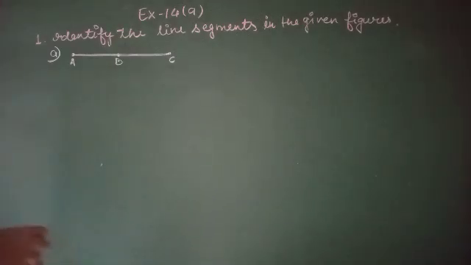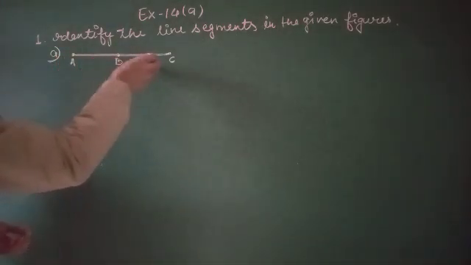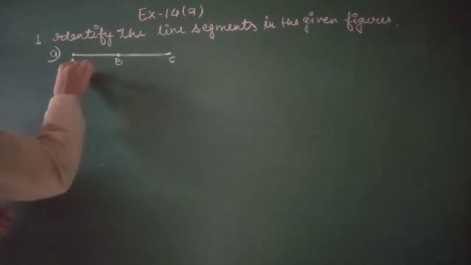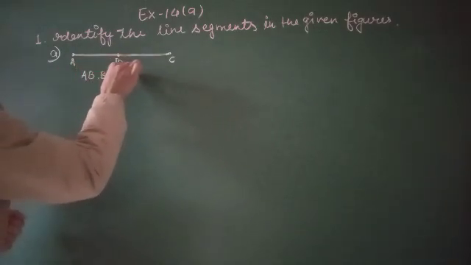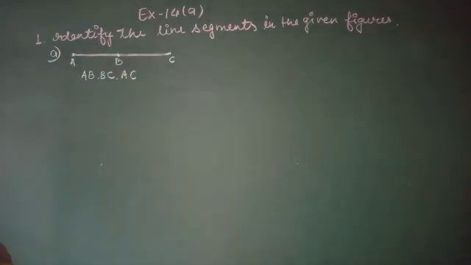So the line segments are AB, BC and AC. These are the line segments in this figure.